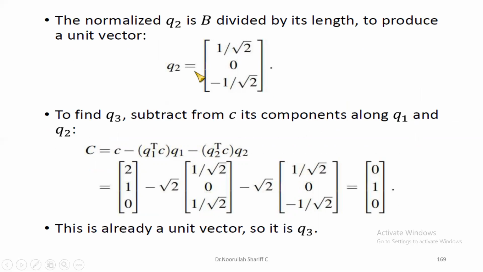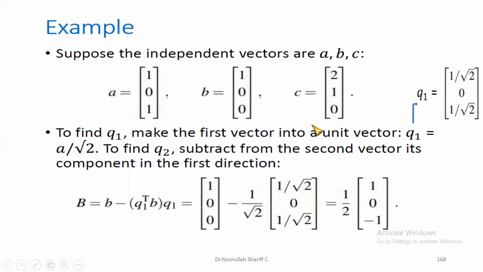So having found Q2, we need to find Q3. And to find Q3, we should subtract from small c its component along both Q1 and Q2. And that is done by C is equal to c minus Q1 transpose c Q1 minus Q2 transpose c Q2. And c is written directly from here.